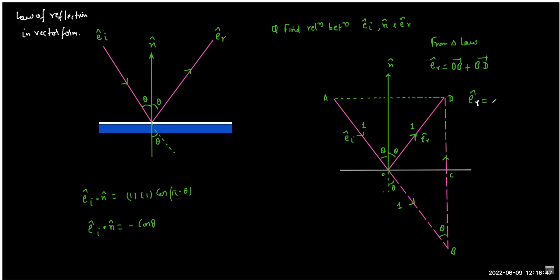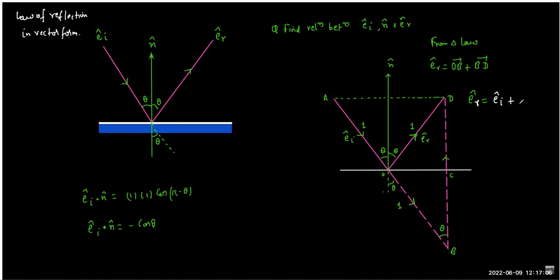So we can write ER equals, yeah, the OB vector is basically equal to the AO vector, length-wise also, direction-wise also. So we can write this directly as EI. Do you realize this? Yes.